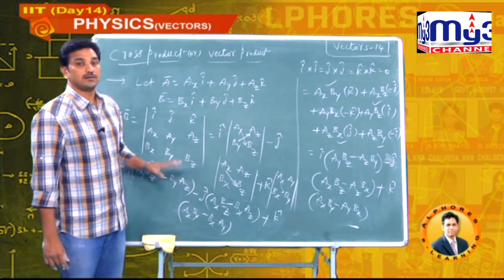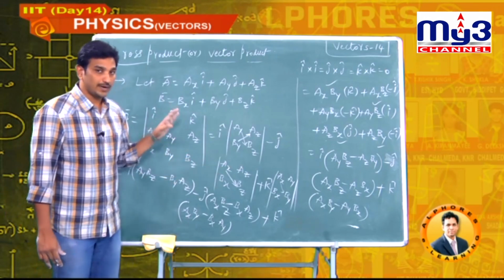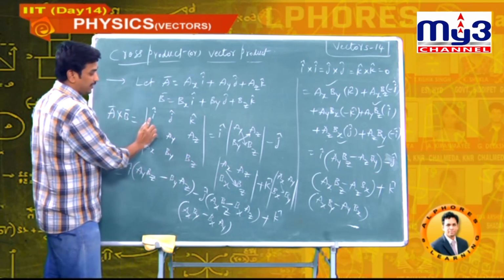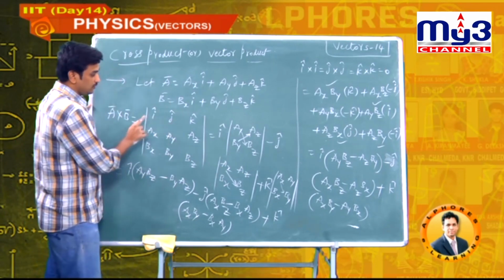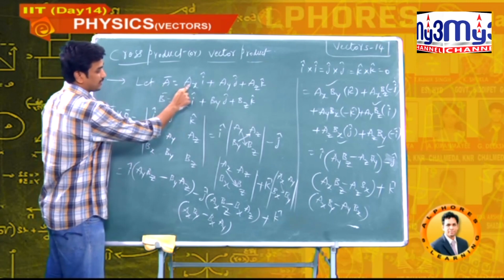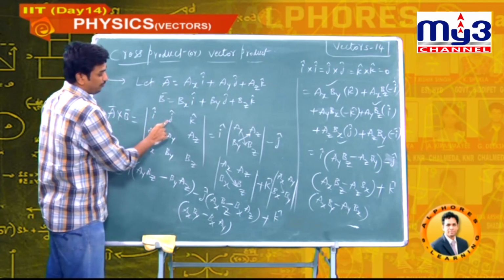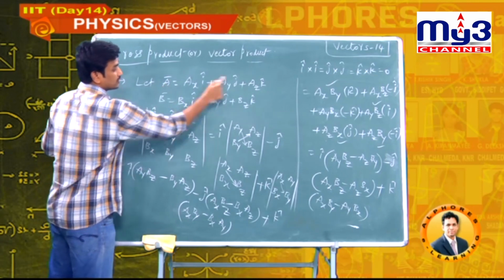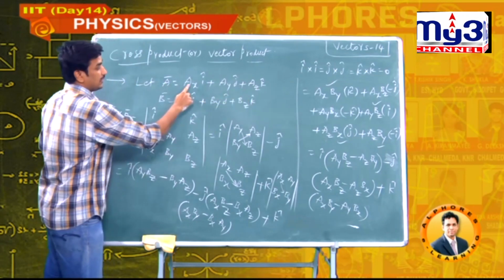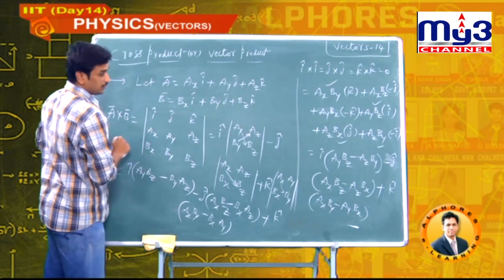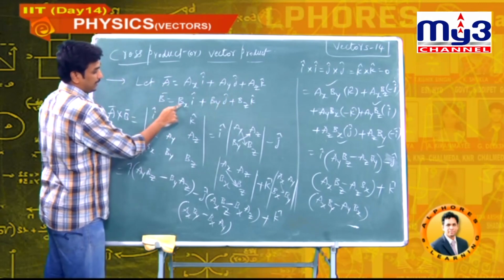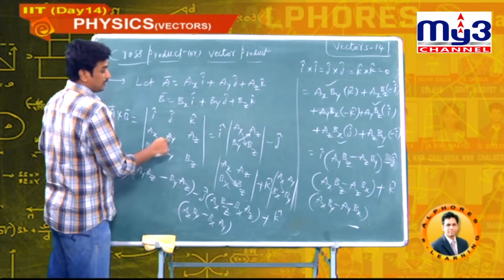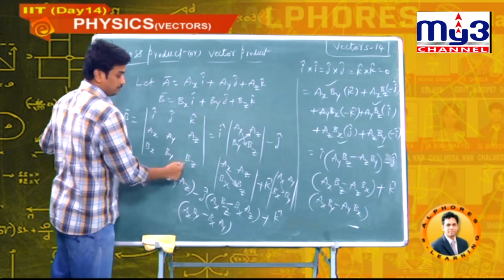See once again how to do the cross product of two vectors. Cross product of A bar and B bar. First write I cap, J cap, K cap. I cap coefficient of A bar is Ax, J cap coefficient of A bar is Ay, K cap coefficient of A bar is Az: Ax, Ay, Az. Next I cap coefficient of B bar is Bx, J cap coefficient of B bar is By, K cap coefficient of B bar is Bz.